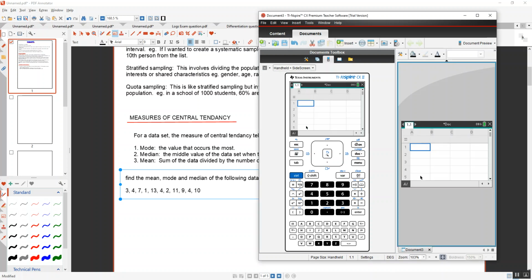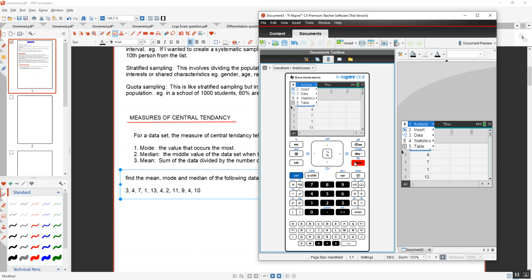We've got a column here, and we're going to put our data into here: 3, 4, 7, 1, 13, 4, 2, 11, 9, 4, 10. So this is in column A. And you can also put a little title here if you want, but it's not necessary.